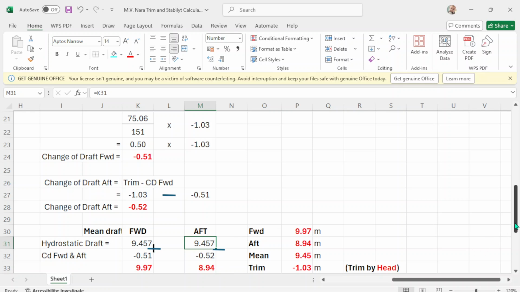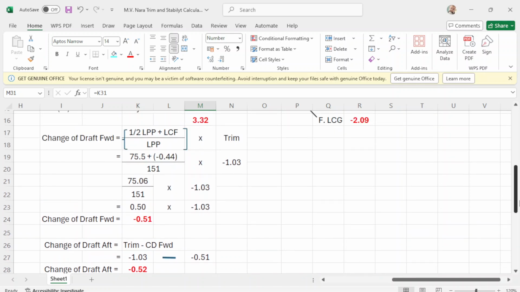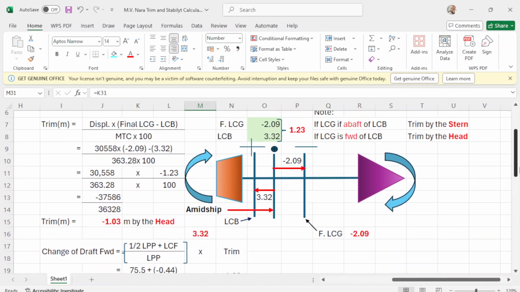Now take note of the drawing or the figure, because LCG is ahead, is forward of LCB, so you are trimmed by the head. This will go down, this will go up. Okay, so trimmed by the head. Look at the direction here. This will sink and this will rise.